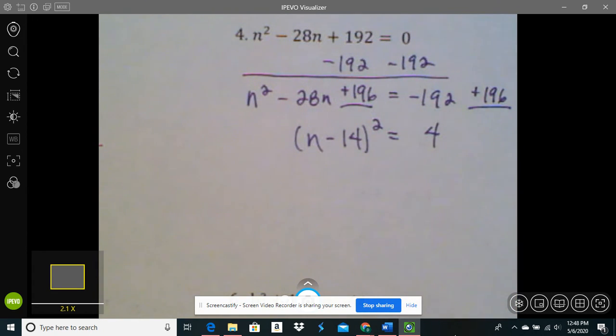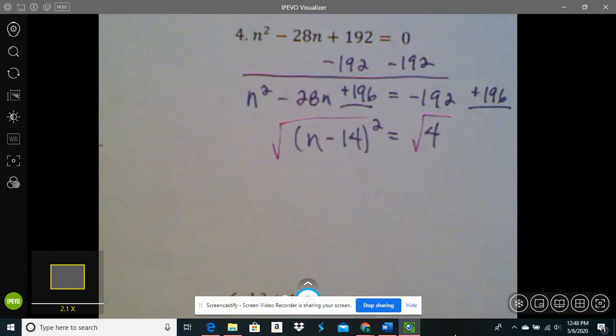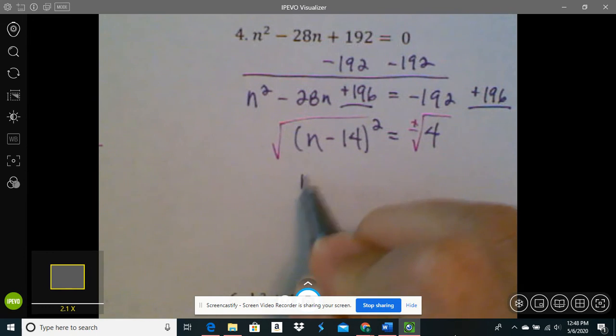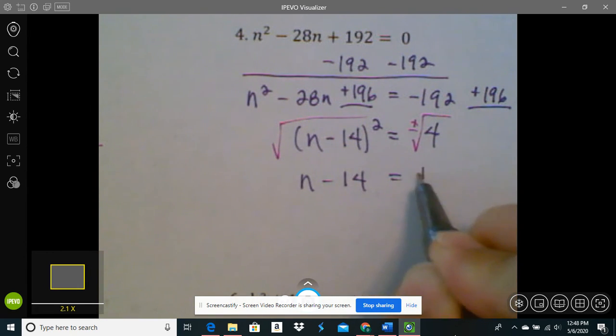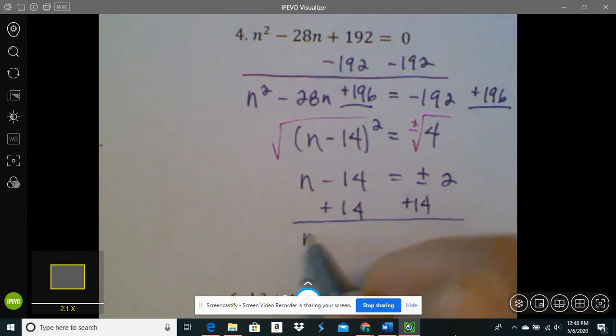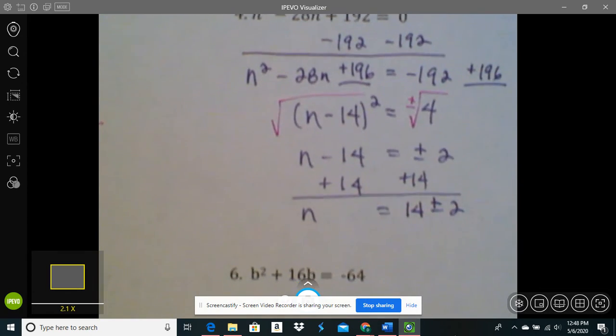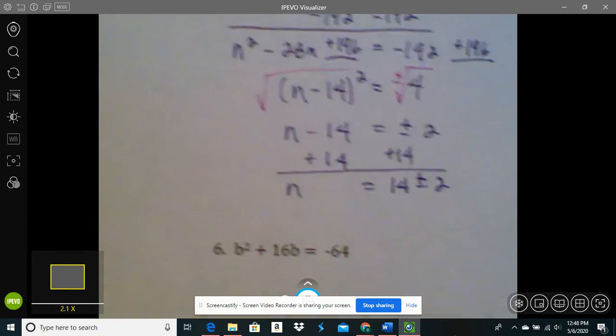All right, so now I'm going to go ahead and do this here. Remember, we're going to do that. So we get that n minus 14 equals positive or negative 2. Then we add the 14 to both sides. So we get n equals 14 plus or minus 2. And honestly, I should do the subtraction first if I were the type who, well, I am that type, never mind.